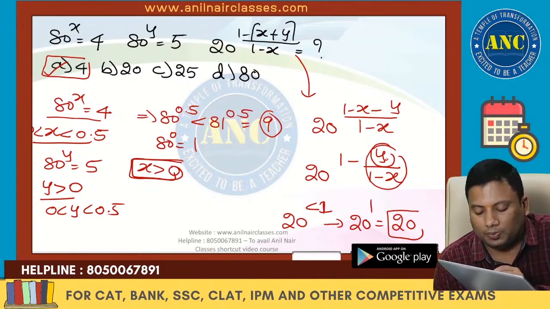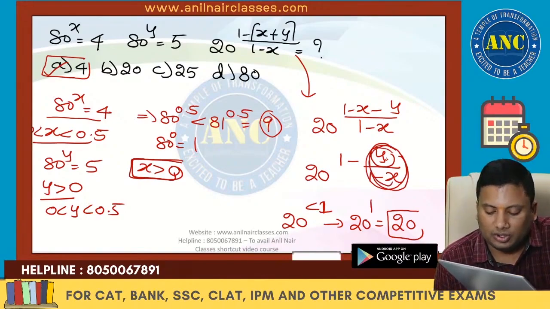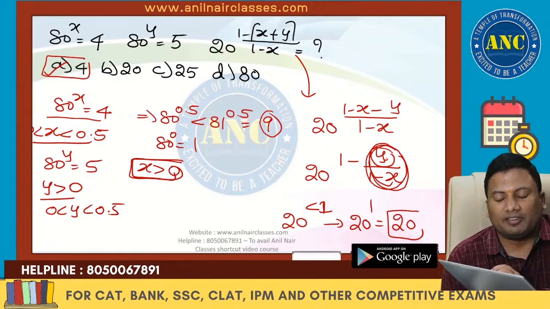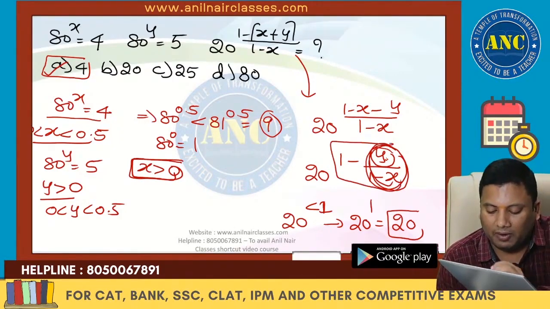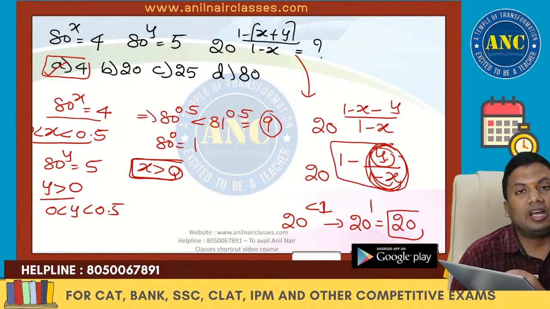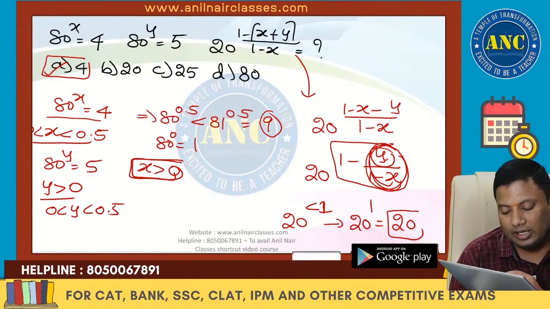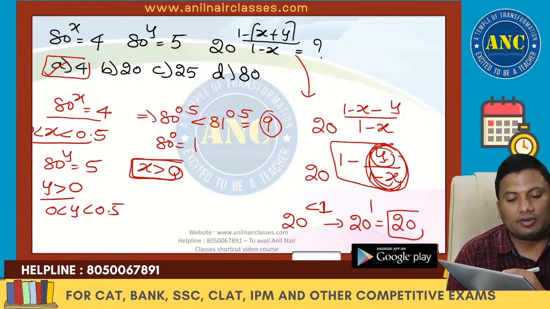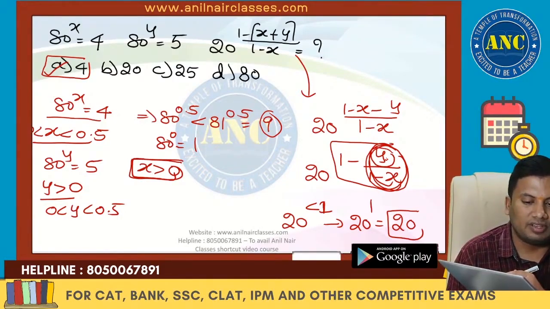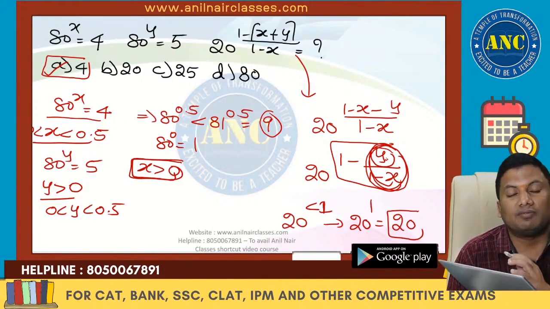Positive by 1 minus positive is positive, and since a positive is subtracted from 1, the exponent will be less than 1. 20 power 1 is 20, so 20 power less than 1 is obviously less than 20. Only one option is of the form 4.